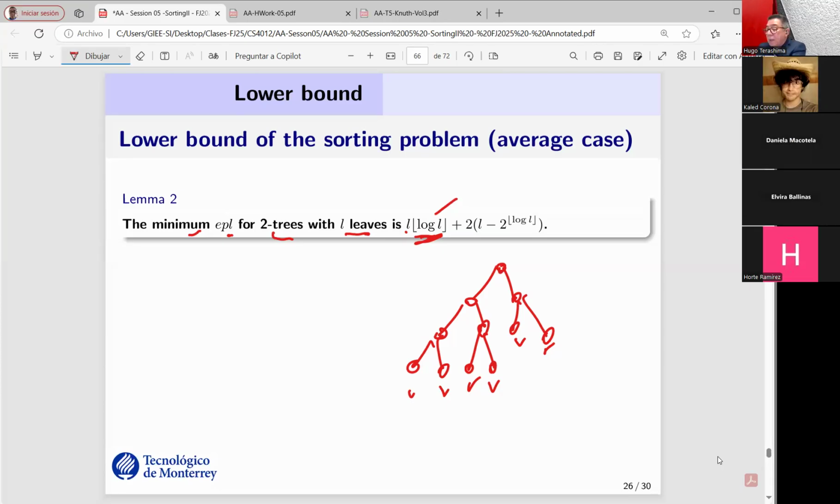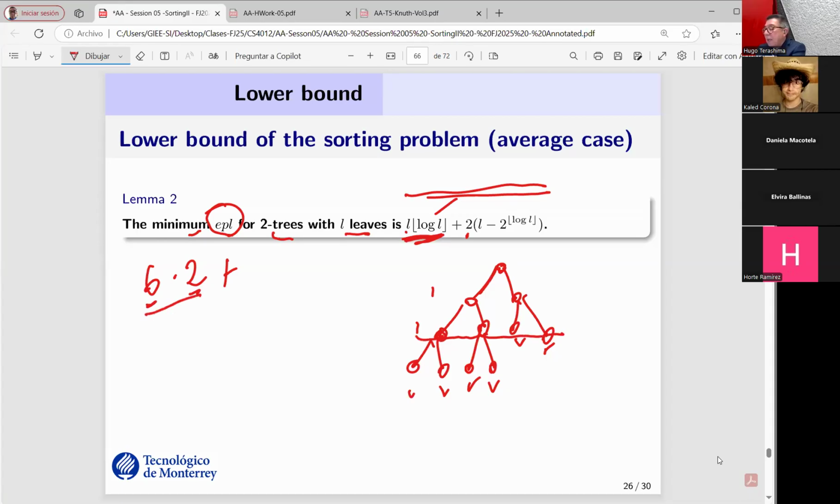Okay, so 6 times 2. I'm just using this expression here, and I'm trying to get the EPL. So for the 6 leaves, I'm counting the EPL up to this level.